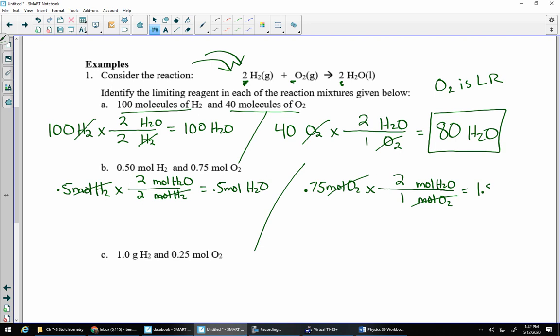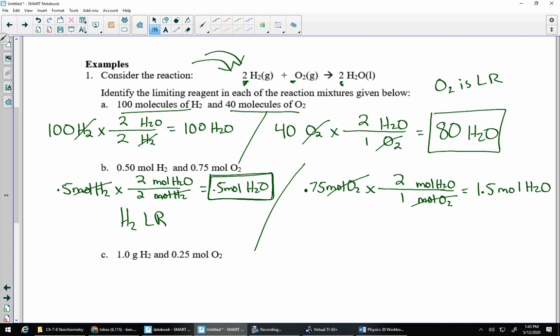That's going to give me 1.5 moles of water. So in this case, my hydrogen is my limiting reagent, and if this reaction were to actually take place, we would only make 0.5 moles of H2O because we've got less product being produced from the hydrogen.